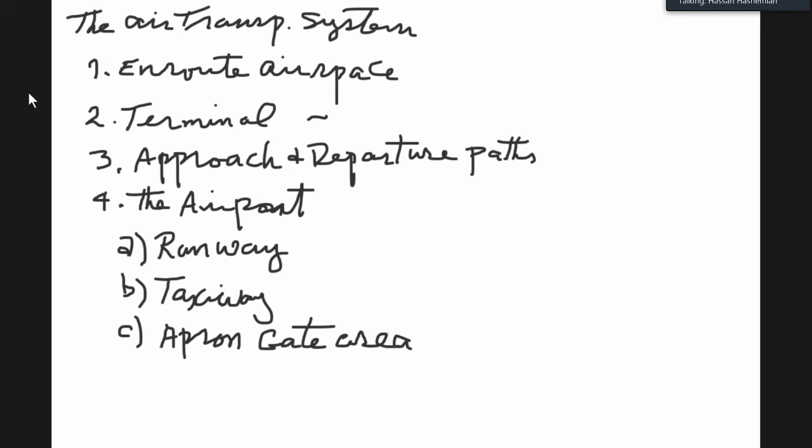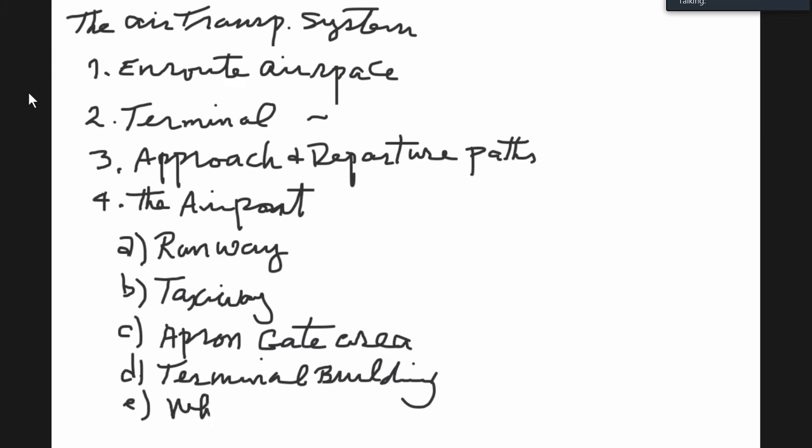We have terminal building. And then we have vehicular circulation and parking.